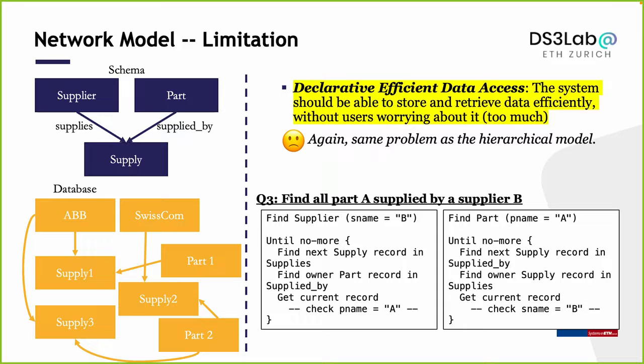You can start from all the parts and try to find all the suppliers, or you can go to some supplier and try to find all the parts. So you can pick all those different starting points and have different paths to traverse this network. And those different ways of implementing this query have different performance. If you are a user using a database system, it's your job in the network model to consider all of this. And that's something we don't really want.